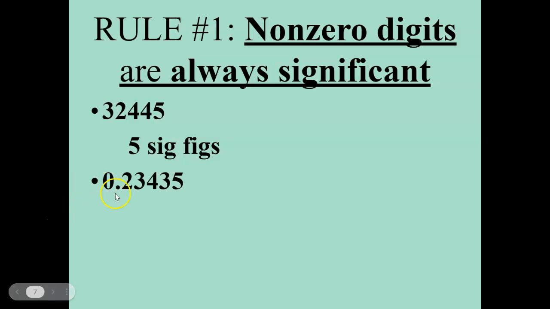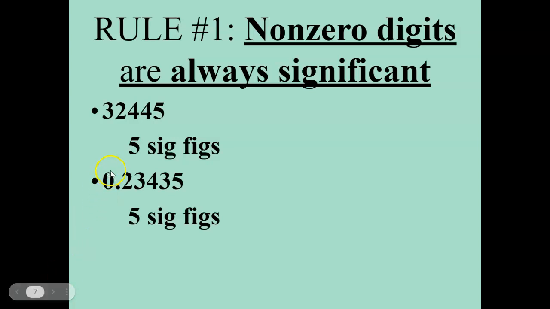Next up, we have 0.23435. Okay, so taking a look at this, I can tell this is 0. Okay, and there's going to be some rules for 0, so we're not going to worry about him right now. We're going to assume he's not significant because he is a 0. But 2, 3, 4, 3, 5, those are all non-zero digits. So this one has 1, 2, 3, 4, 5 significant figures.